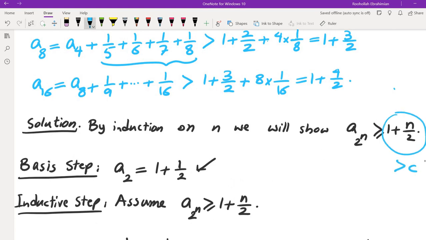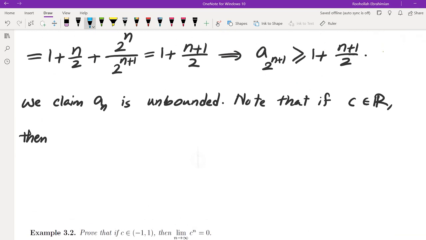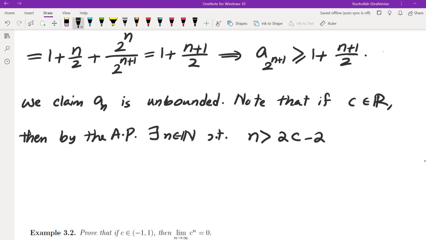And how can we do that? We could just multiply both sides by 2 and subtract 2. We get 2C minus 2. So as soon as you do that, you know that a sub 2 to the power of n is more than C. So then, by the Archimedean property, there is some integer n such that n is more than 2C minus 2.